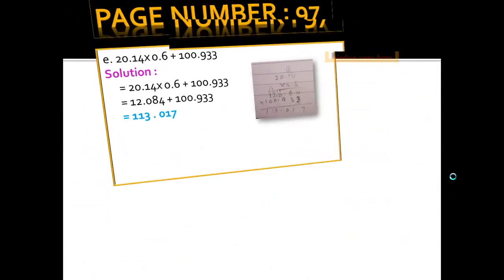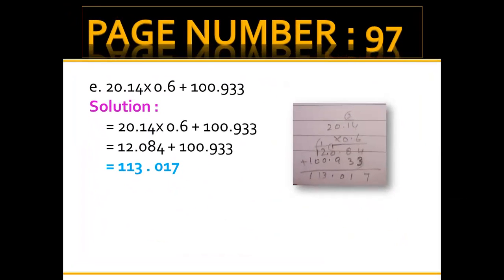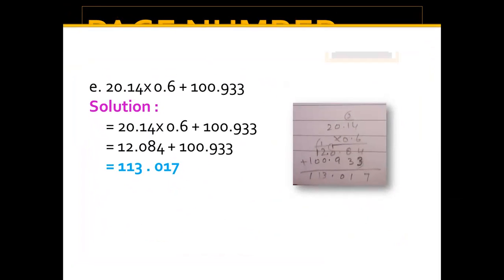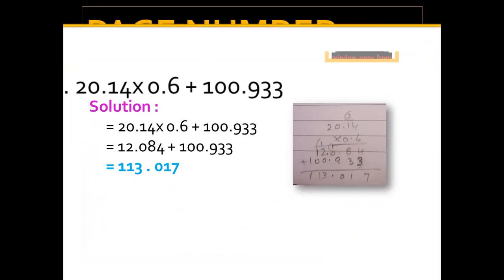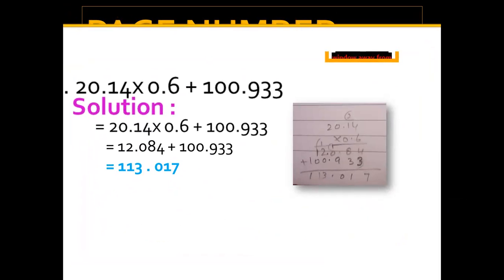The last part of this question is 20.14 multiply 0.6 plus 100.933. Here are two operations, multiplication and addition.